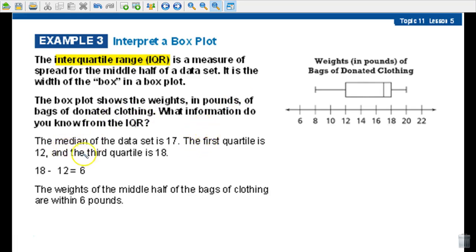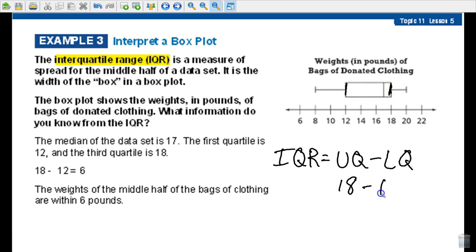So, the median of the data set is 17, okay? We can see that it's right in between 16 and 18. The first quartile is 12 and the third quartile is 18. So IQR equals the upper quartile minus the lower quartile. Pretty easy. So in this situation, we've got 18 minus 12.